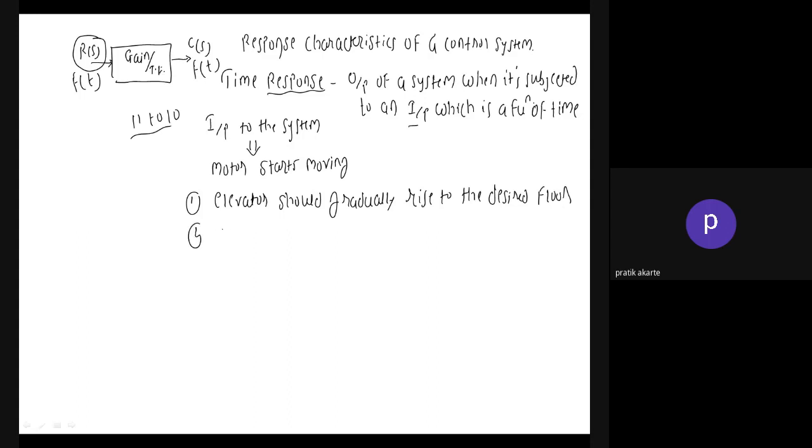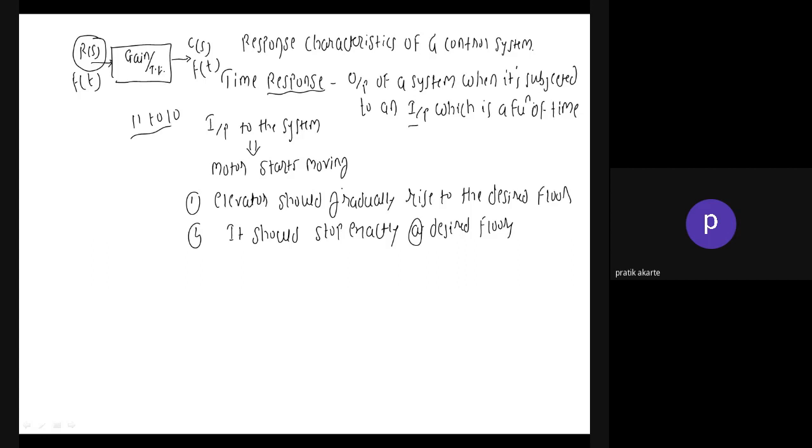The second requirement is that it should stop exactly at the desired floor. So these are the two specific requirements that we consider in the case of the elevator. Now you know what the case is.